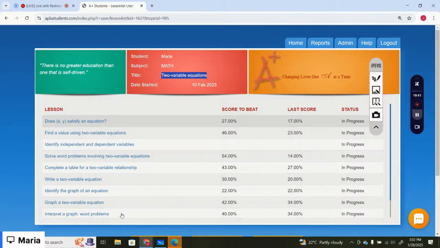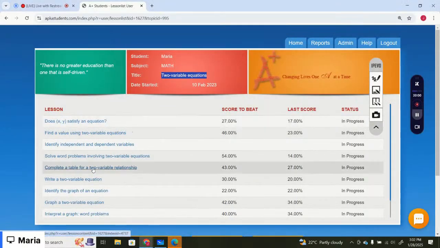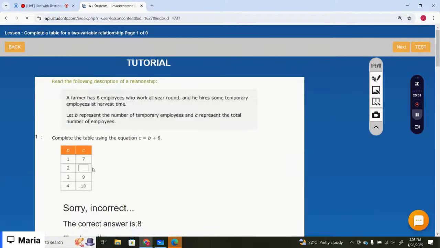Here I'm on grade 6 math. Chapter we are on right now is two variable equations. Let's just start with the lesson, that is complete a table for a two variable relationship.